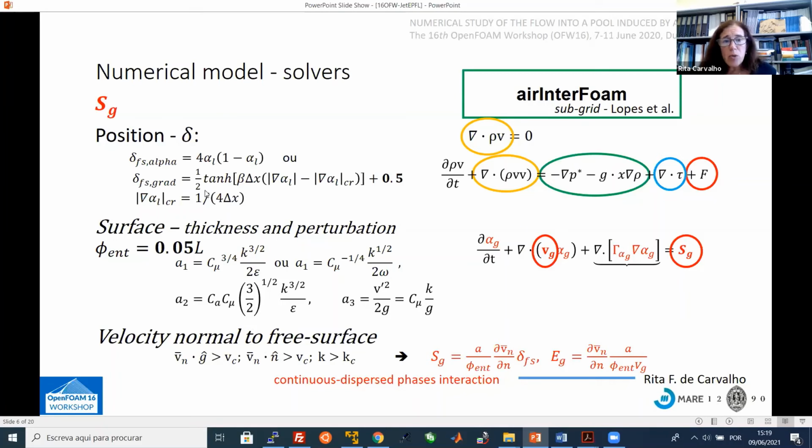With this model, we have to calculate the source of air entrainment. So we have to calculate the position and also the surface thickness and perturbation. Following my work, we try to define different A with the k, depending on k-epsilon or k-omega.